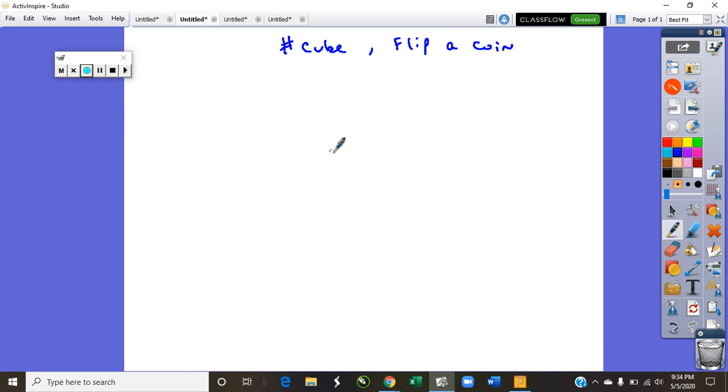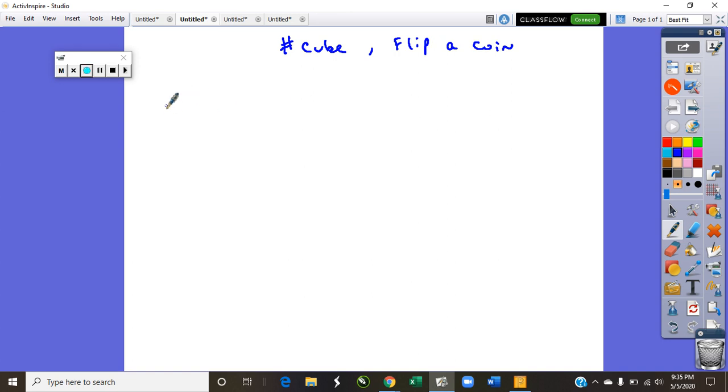No matter what I roll, if I do the number cube first or the coin first, it doesn't really matter. Whatever I roll on this number cube is going to have no effect on what I flip on the coin. If I roll a 3, a 4, a 5, it's not going to affect the probability that I'm going to get a heads or tails on the coin.